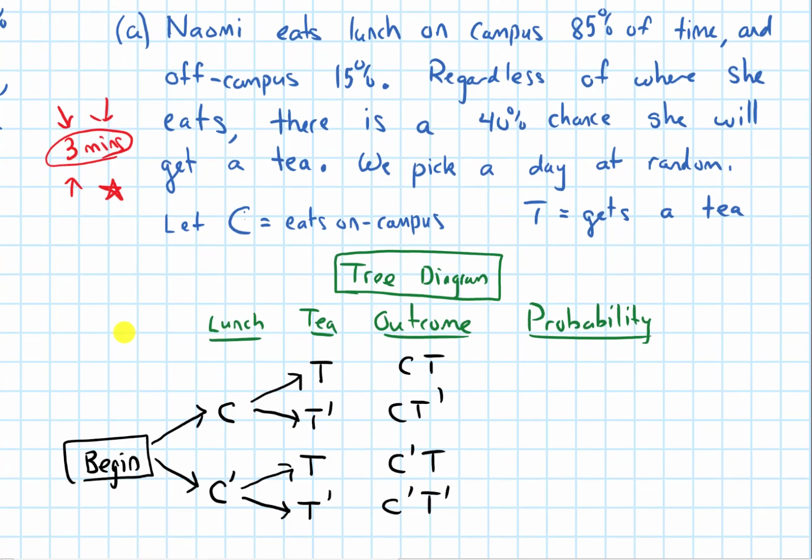So now let's fill out some of these probabilities. It says that she eats lunch on campus 85% of the time. So this is 0.85. And off campus 15% of the time. So this is 0.15.